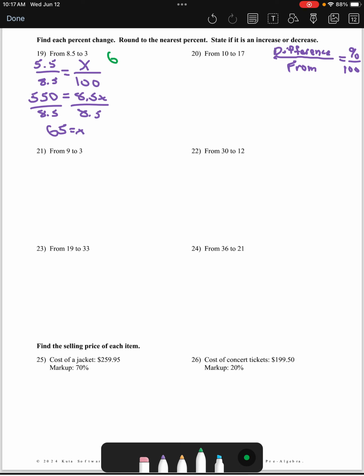So that means we have ourselves a 65% decrease. How do I know it's a decrease? Because we went down. We went from 8.5 down to 3. That's a decrease. An increase would mean we go up, like in number 20.